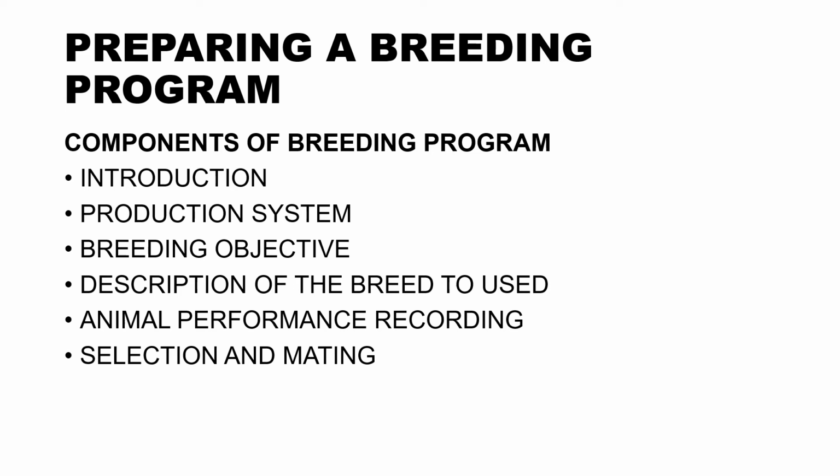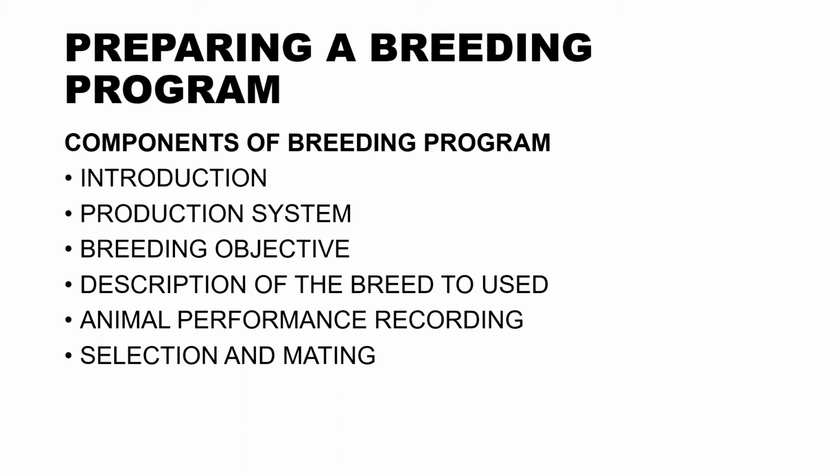Then, for the description of the breed to be used, dito i-describe mo kung ano yung mga gusto mong breed, kung bakit ito yung gusto mong breed, ano yung characteristic niya, traits niya, ano nga ba yung advantage niya from other breeds. So, yun yung gagamitin mo sa description of the breeds to be used. So dito, pwedeng isa lang yung breed na gagamitin mo or pwedeng dalawa. So depende na sa iyo.